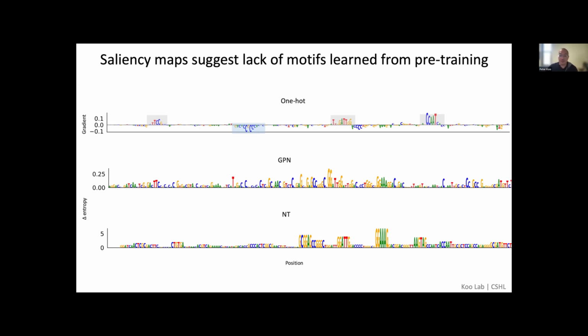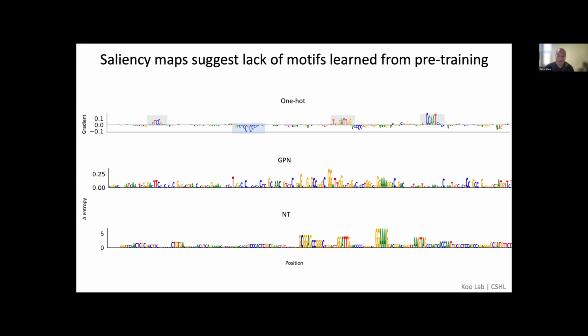And so for GPN, the tokenization is nucleotides. And for nucleotide transformer, the tokenization is non-overlapping sixmers. And that's why they look a little blocky. So it only shows the importance of tokens as a positive magnitude, but the directionality isn't considered in this entropy calculation. So that's why they're all positive here versus the saliency maps.